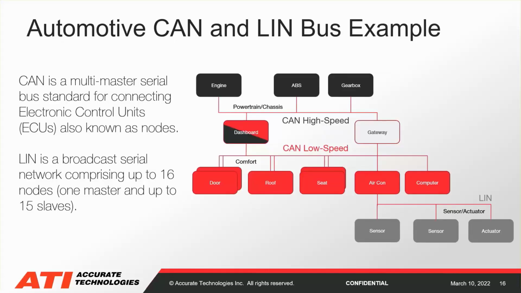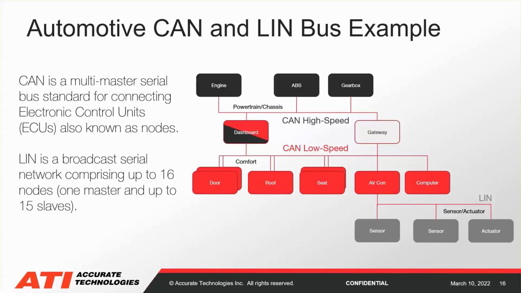Here we see an example of the CAN and LIN bus integrated into a single vehicle platform. We have the high-speed CAN bus operating engine, ABS, and powertrain control systems, and then the low-speed bus handling more comfort amenities such as seats, air conditioning, and door motors.